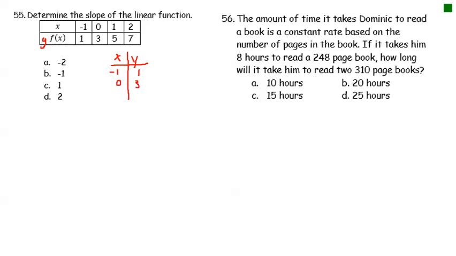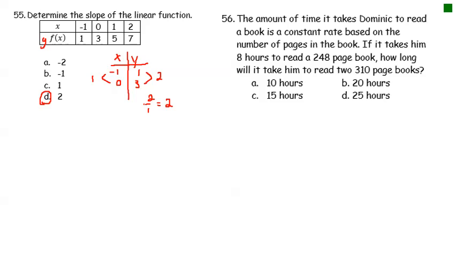And then just do the same thing that we normally do whenever we are finding slope. So we would do 3 minus 1 gives us 2, and 0 minus -1 is a positive 1. So we've got 2 divided by 1, which equals 2. Answer is D.